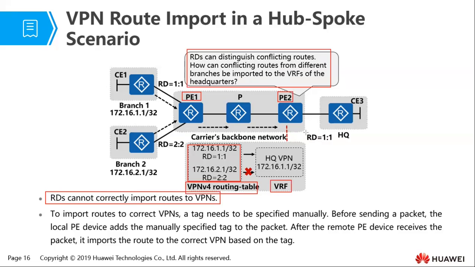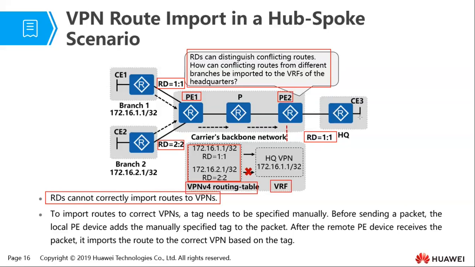The reason being, on each of the routers, we are going to configure an RD. And on this particular router at the headquarters, we are also going to configure an RD. Now, an RD usually has a local scope, meaning it has to be unique within the local PE.